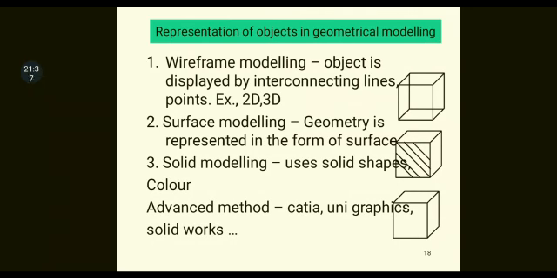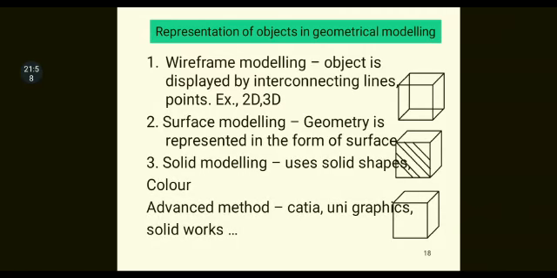In the sense the entire element is one. There is nothing like surface, the entire element is one. So first one is joining points, lines, wireframe. Second one is surface, one entire surface to surface modeling. Third one is entire solid block. That's why we call it solid modeling.